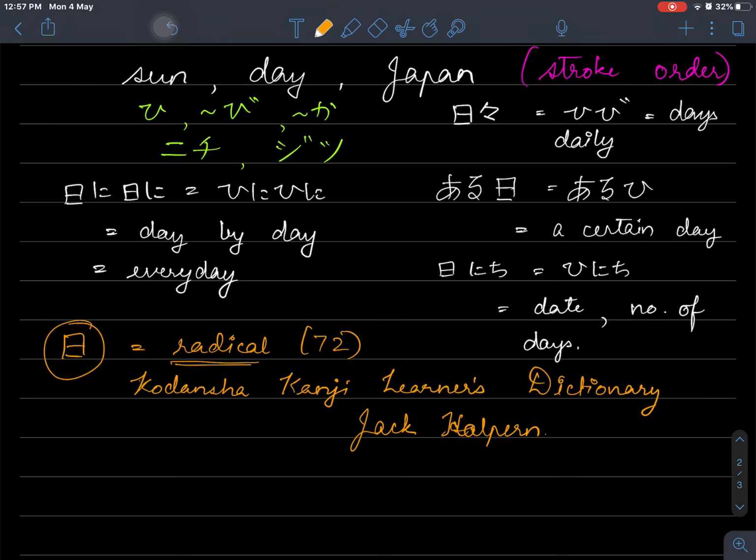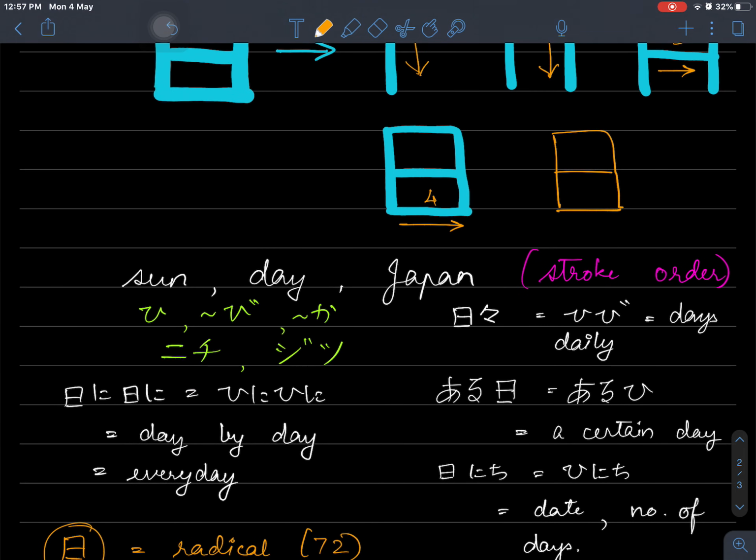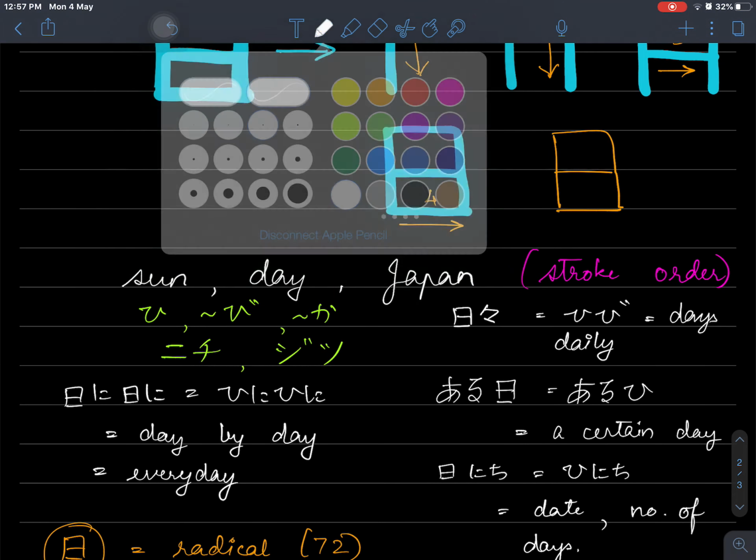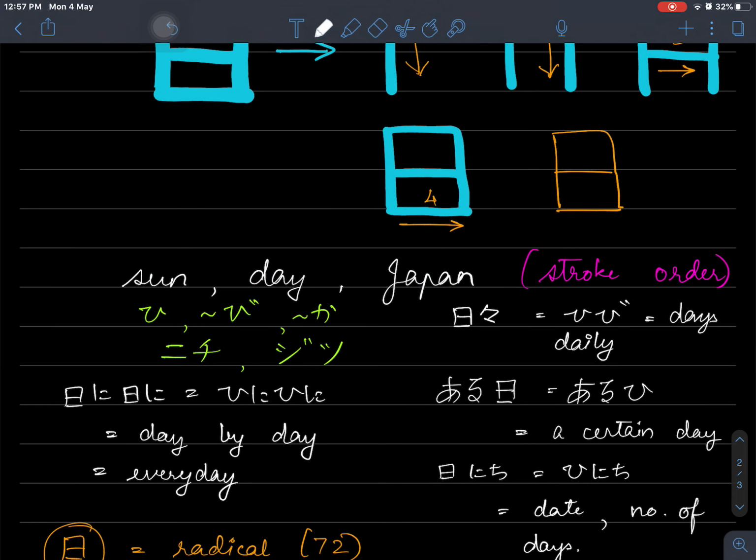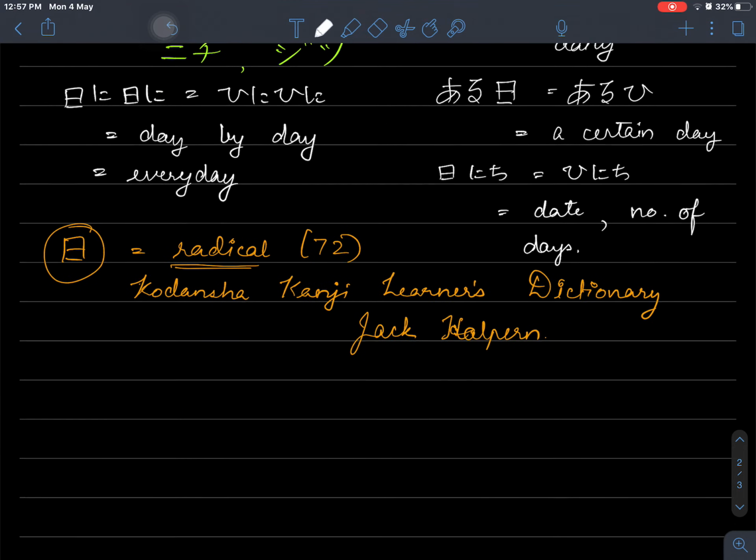There's not really a mnemonic provided here, but these three meanings, the sun, Japan, and day, have been given special emphasis because this is usually where all Japanese people begin their understanding of kanji, because it also represents their country. So there is some significance. This character is special for that reason.